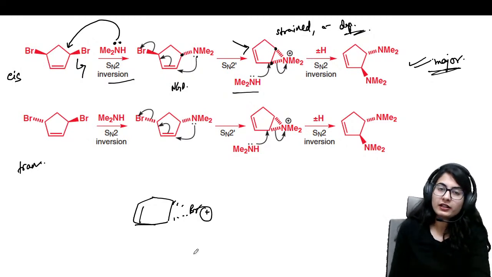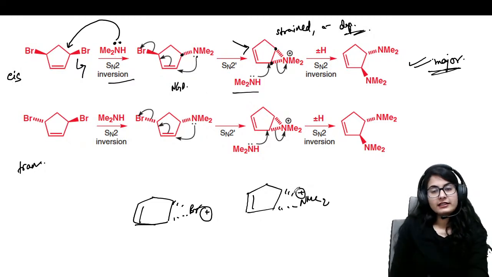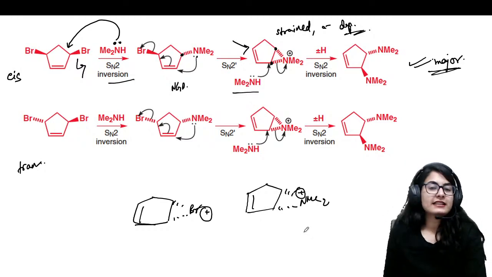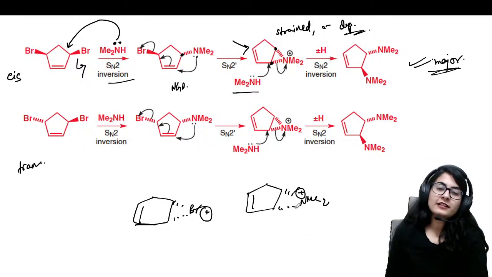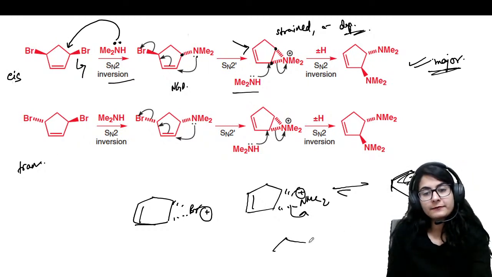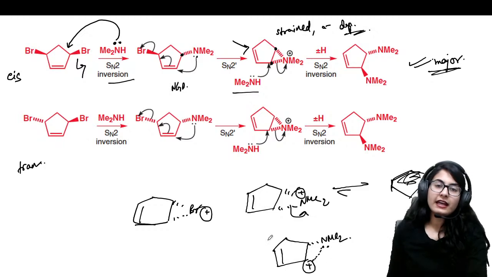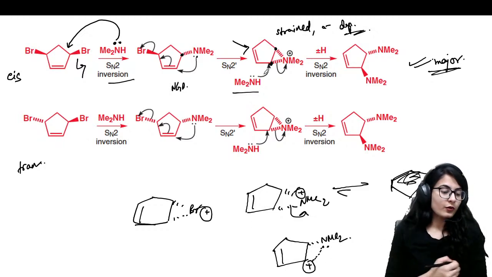Because bromine has a lot of polarizability, it's a big one. ऐसे करके stable कर देता है. लेकिन if I write this kind of a cation, NMe2 positive like this, absolutely it's mostly going to stay in this form. ठीक है? And that is why a direct addition will be more preferred.